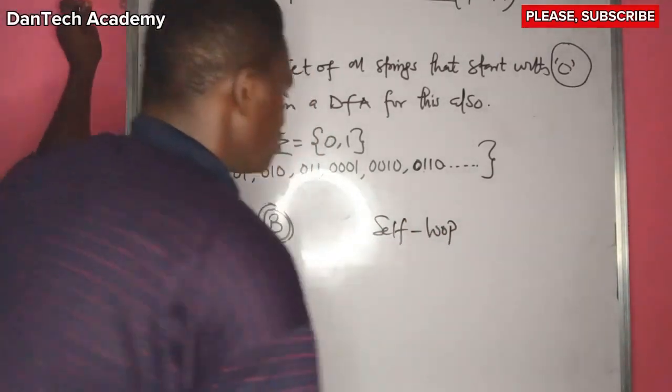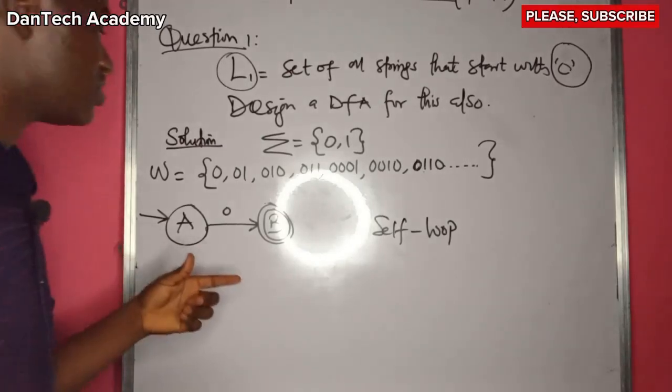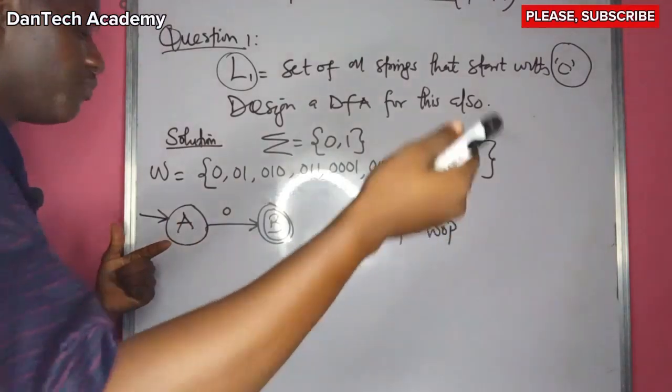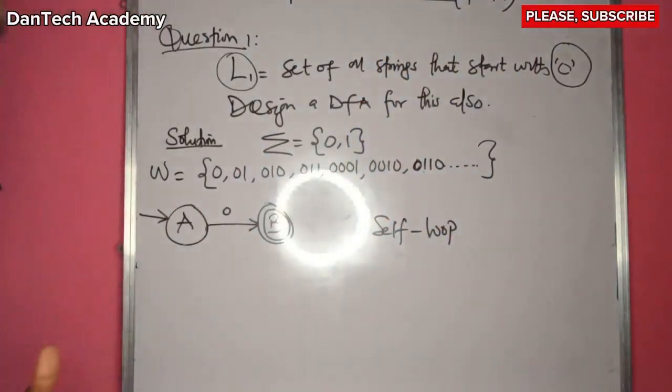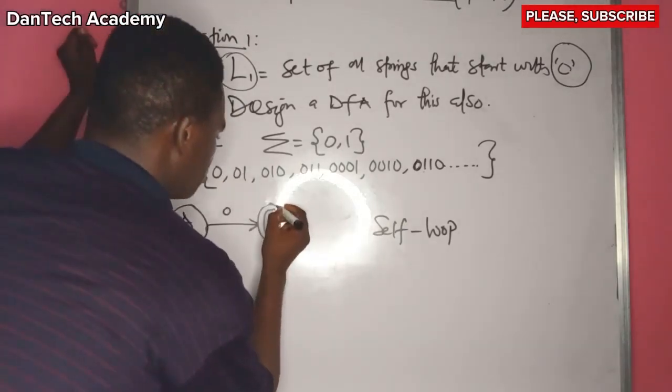This self loop helps you, if you have a particular input, instead of that input taking us to the next state, it will help us to remain in that same state. That means the input will go back to that state. So at this point, what we need to do here is a self loop.